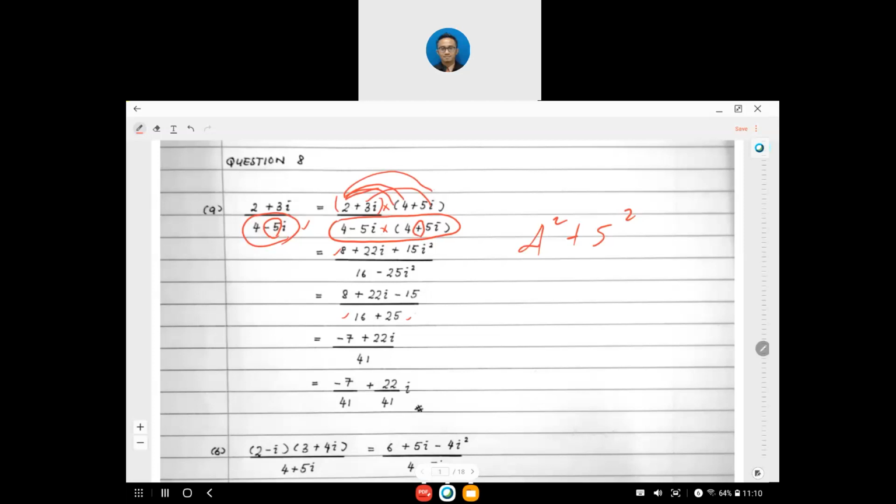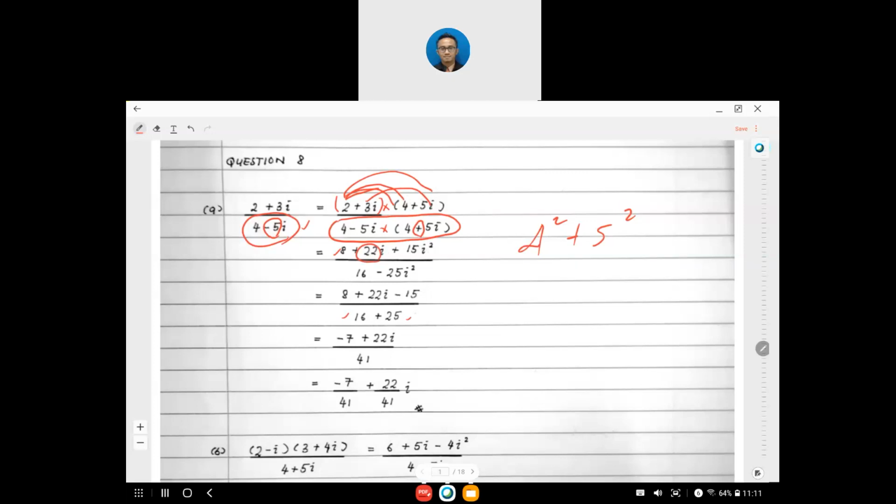Your friend directly found this value, 22i. To get 22i, you take 2 times 5i, which is 10i, plus 3i times 4, which is 12i. 10i plus 12i is 22i, and then plus 15i square. 15i square comes from 3i times 5i.